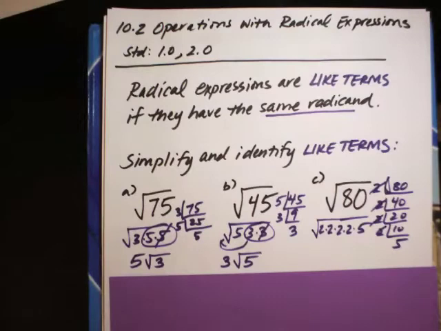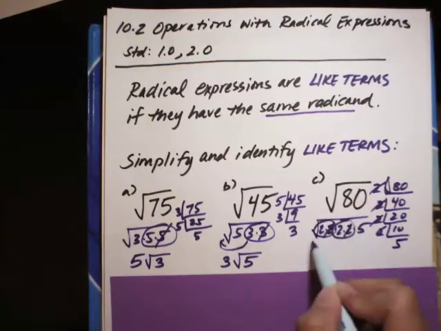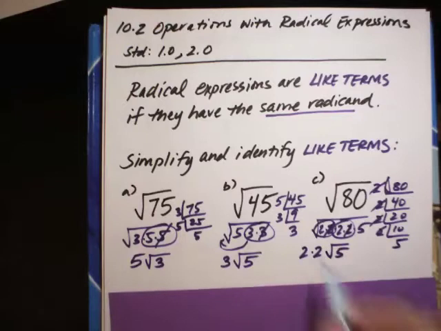Let's look for pairs. It looks like 2 pairs of 2's. Here's one, here's another. Kill one off, set the others free. So you'll have on the outside 2 times 2 times radical 5, and 2 times 2 is 4 radical 5.